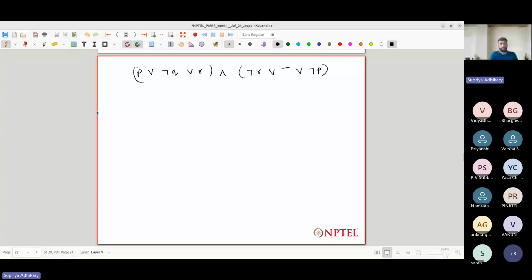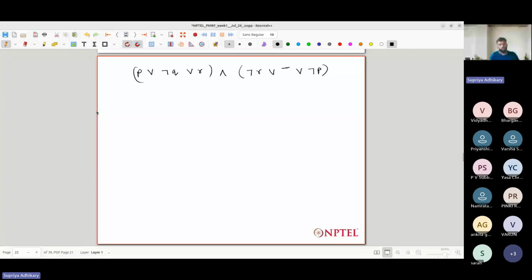But if it is a compound proposition like this, then if we try to find the dual of this, C star would actually be like this. So all the conjunctions are replaced with disjunctions, disjunctions are replaced with conjunctions, and also the constants are swapped. So in compound cases we cannot really say that C is equal to C star.